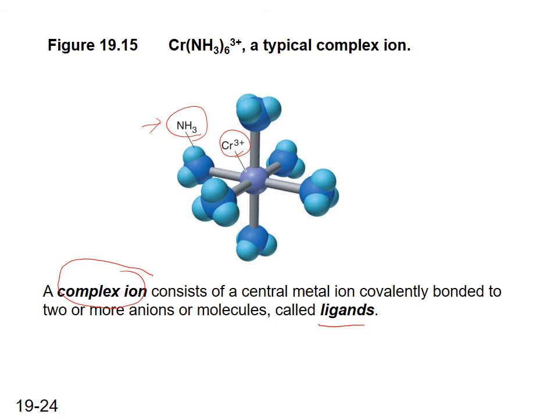For example, aluminum can bond to 6 water molecules to form aluminum hexahydrate. So metal hydrates are also an example of a complex ion.